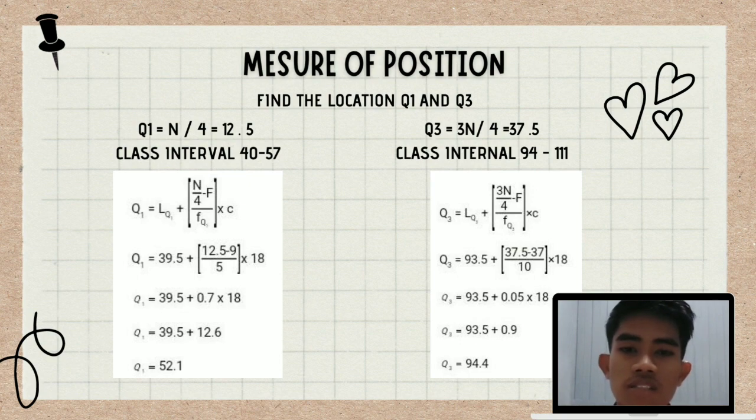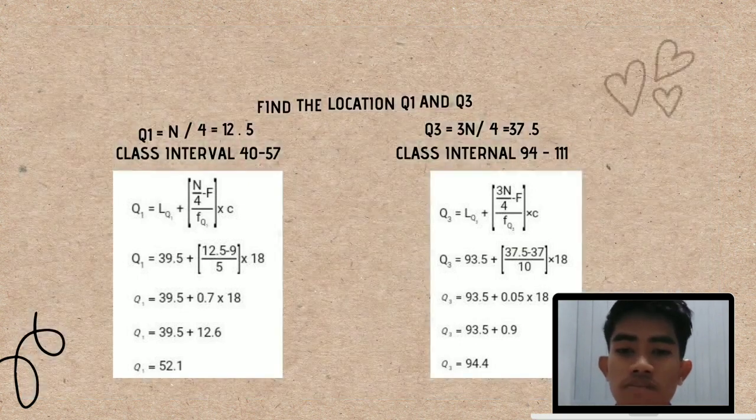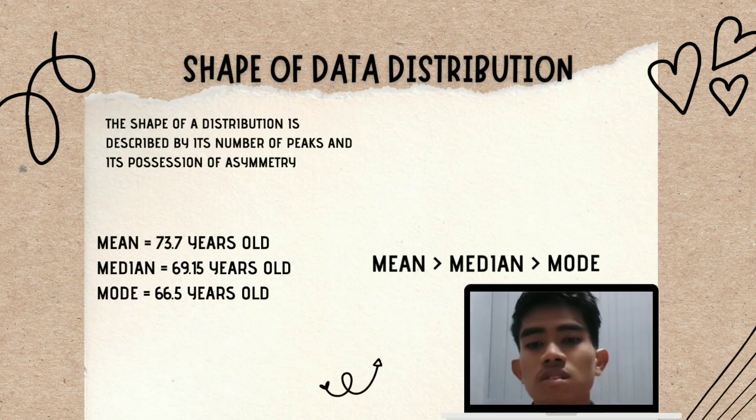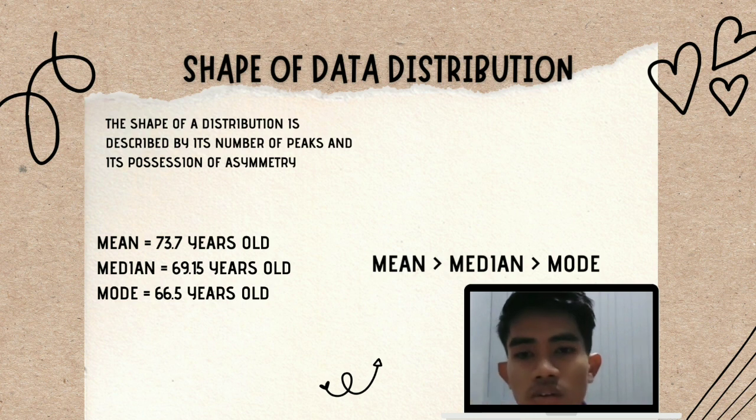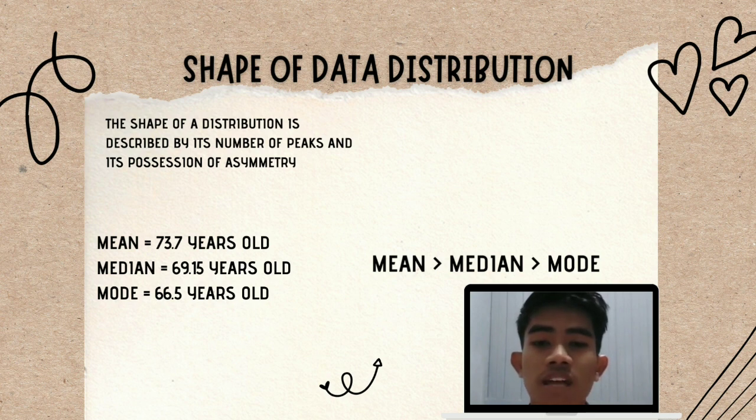The interquartile range is 42.3. The shape of a distribution is described by its number of peaks, its symmetry, and its tendency to skew. From the data, we can see that the mean is higher than the median and the median is higher than the mode.